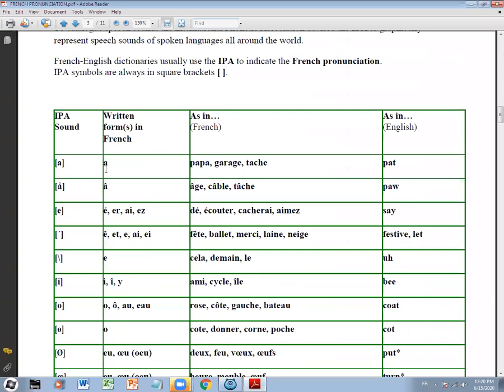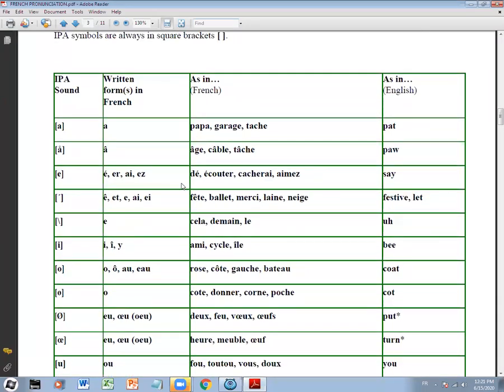Like letter A, we looked at these words, I think, with Lotaruk. We say A, the word is papa, garage, tasse. Same A with that accent, what we call accent circumflex: âge, câble, tâche. Remember we talked about A with an acute accent, when it is pronounced and when it is not pronounced. R is not silent, so it is pronounced.